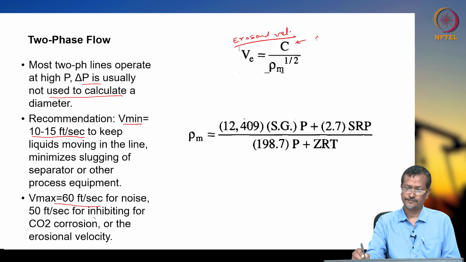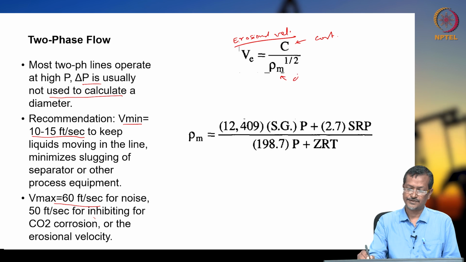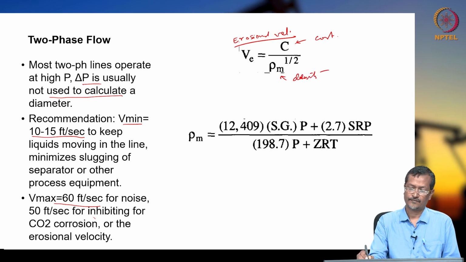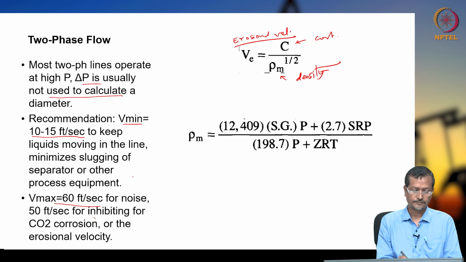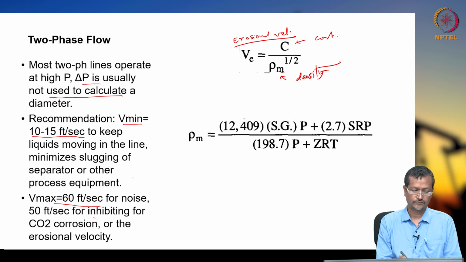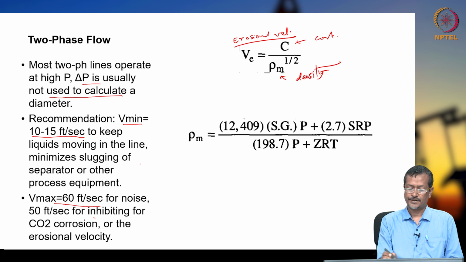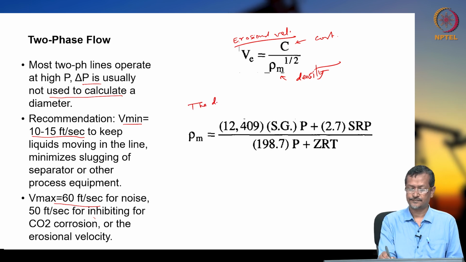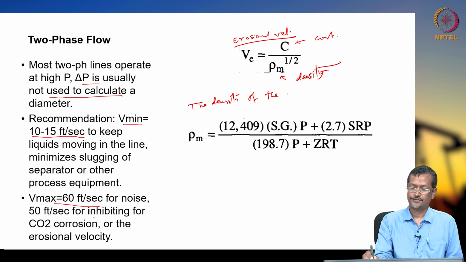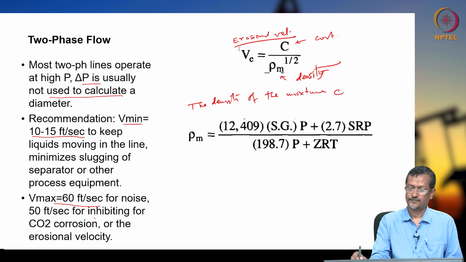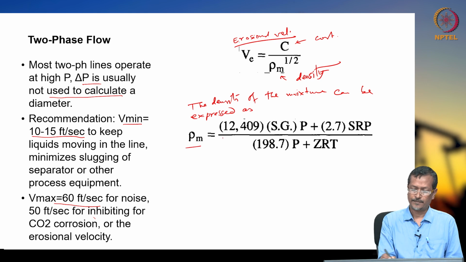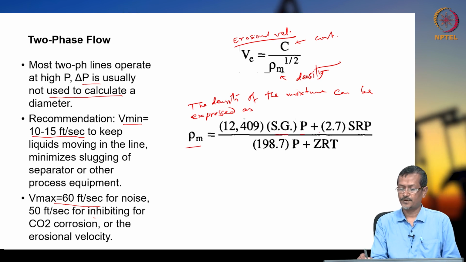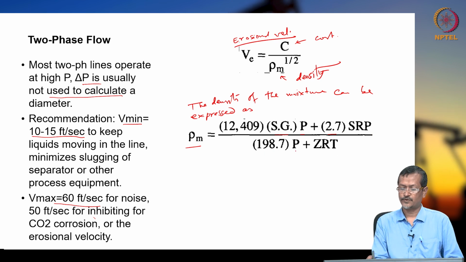C is a constant, rho m is the density of the mixture, and it can be expressed as rho m equals 12409 SG P plus 2.7 S R P over 198.7 P Z R T.